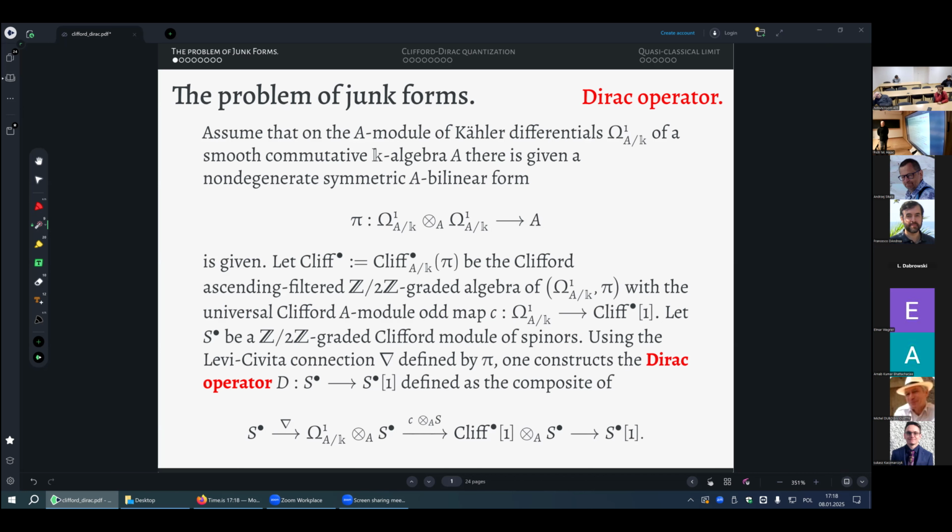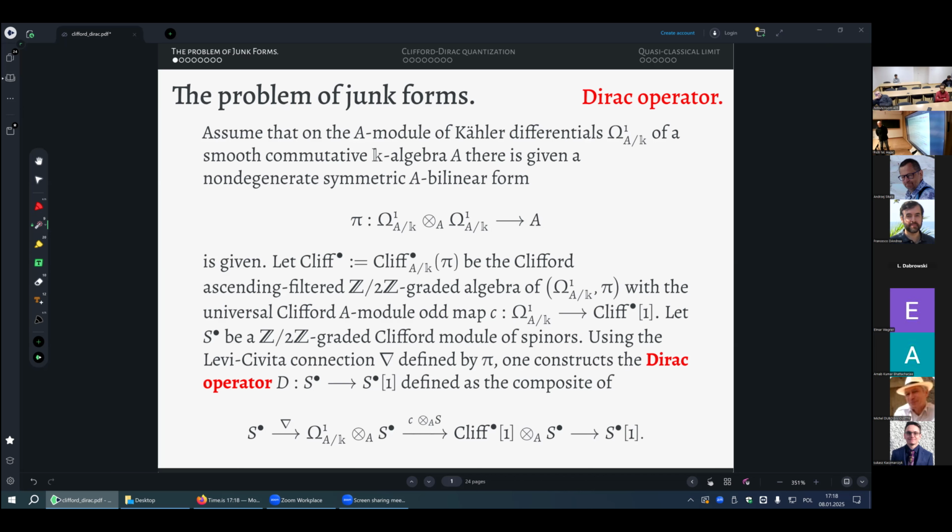This algebra sometimes has a distinguished module. It's called the module of spinors, which is a Z2-graded Clifford module of this Z2-graded algebra. And using the Levi-Civita connection defined by this non-degenerate form pi, we can construct the Dirac operator, defined as the composite of the following three maps.